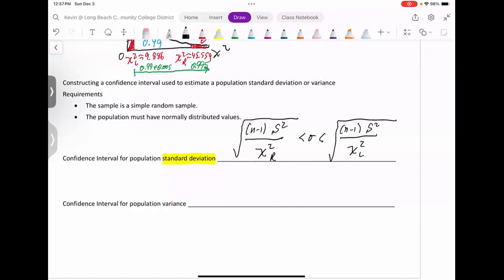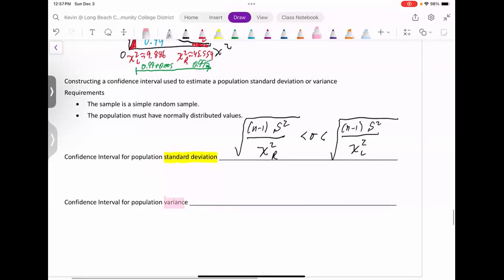Now for the variance, it's the exact same formula, but no radicals. And the variance is sigma squared. So you can see once you have one, you can just take the square root and get the other. And I'm actually going to take advantage of that here in just a moment.